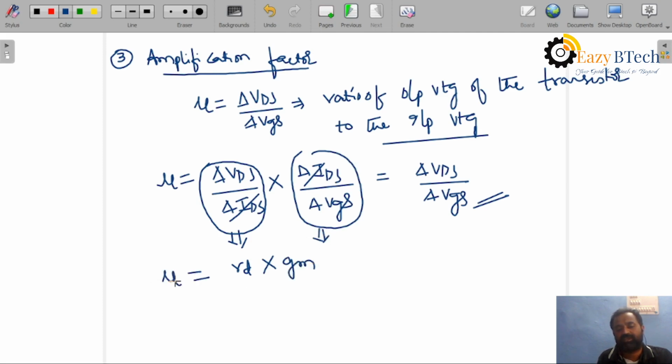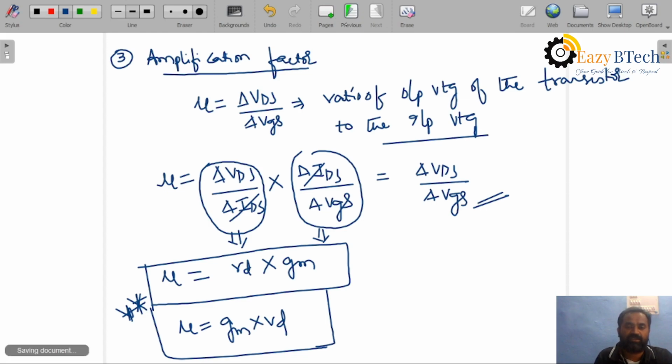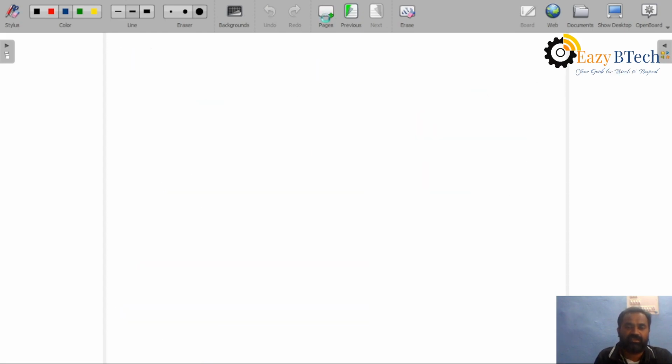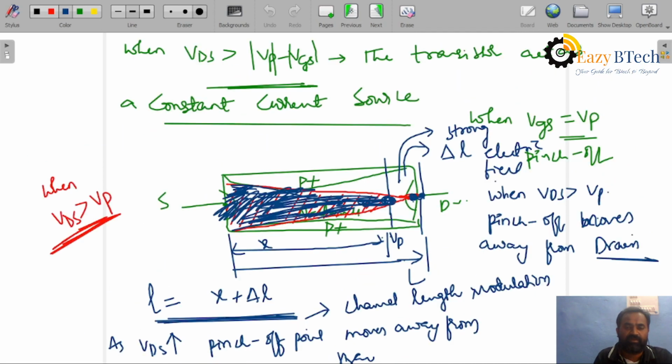That is the relationship: mu is equal to gm into RD. Okay, these are the three parameters of the transistors. Students, understand clearly which region applies.